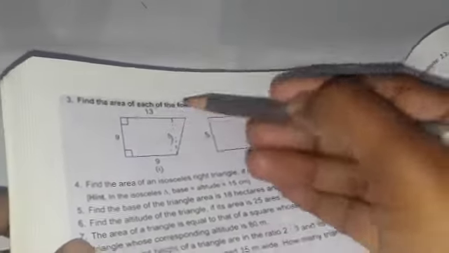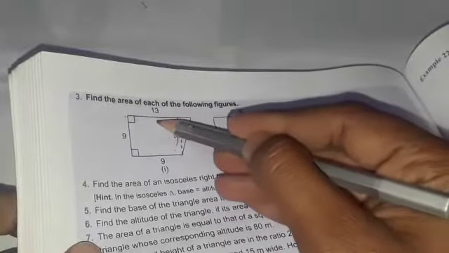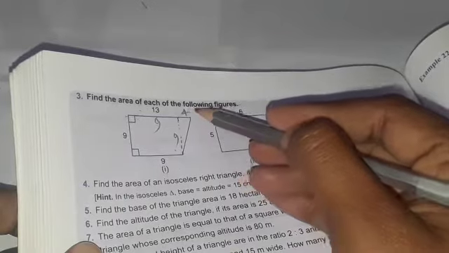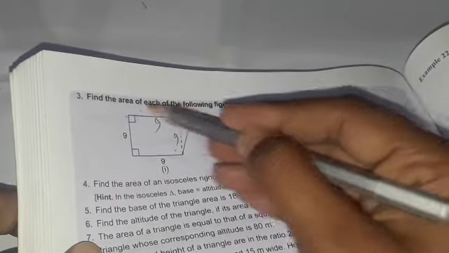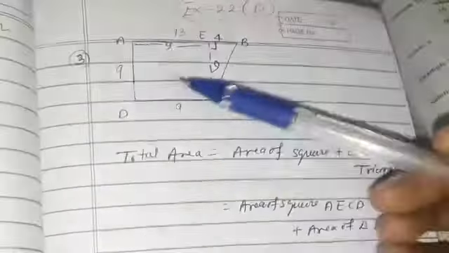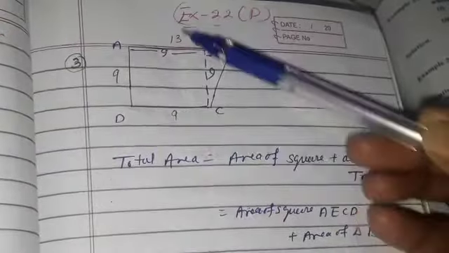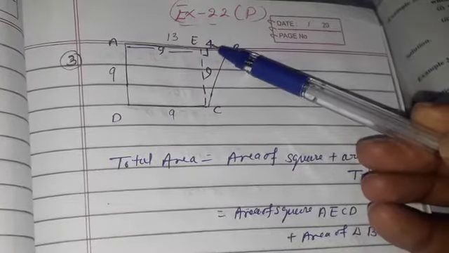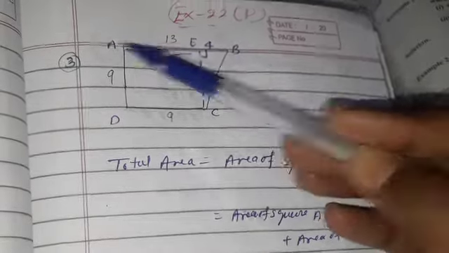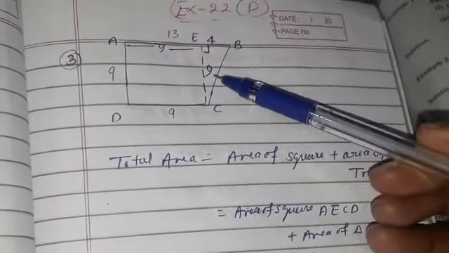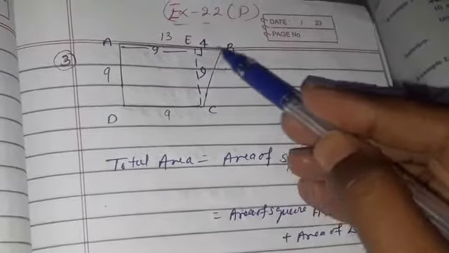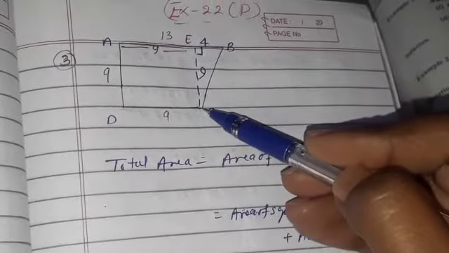So from here to here this is also 9, and if this whole is 13, then definitely this remaining part is 4. And this altitude creates a 90-degree angle in AB. It means class, it's a square, and here it's a triangle.